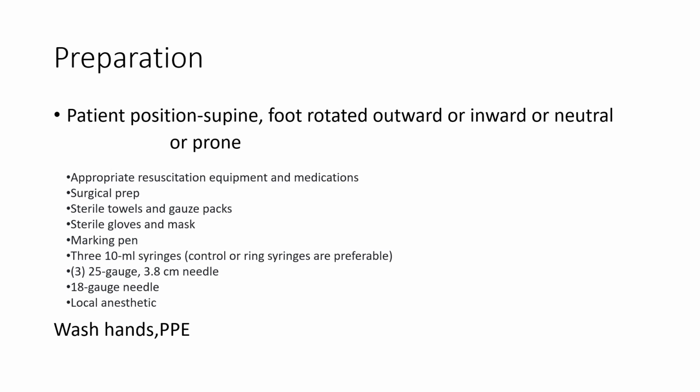That's about the patient position. And depending on the block we are doing, we should rotate the foot outward or inward or keep it in neutral position, or sometimes, if we are not able to do it in supine position, we can do it in prone position as well.